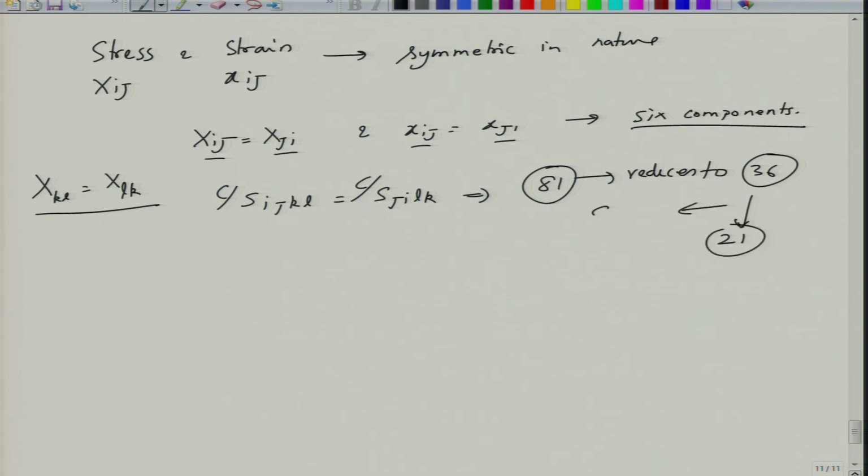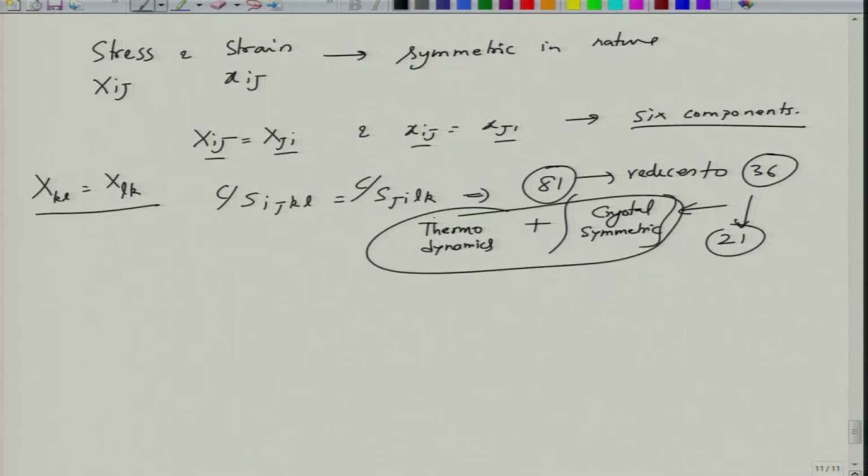When you apply crystal symmetry, because crystals are symmetric, the crystal symmetry arguments further reduce these to lower numbers such as 21 or so. Actually, I should say when you apply crystal symmetry plus thermodynamics, both of these arguments reduce to 21 or lower.